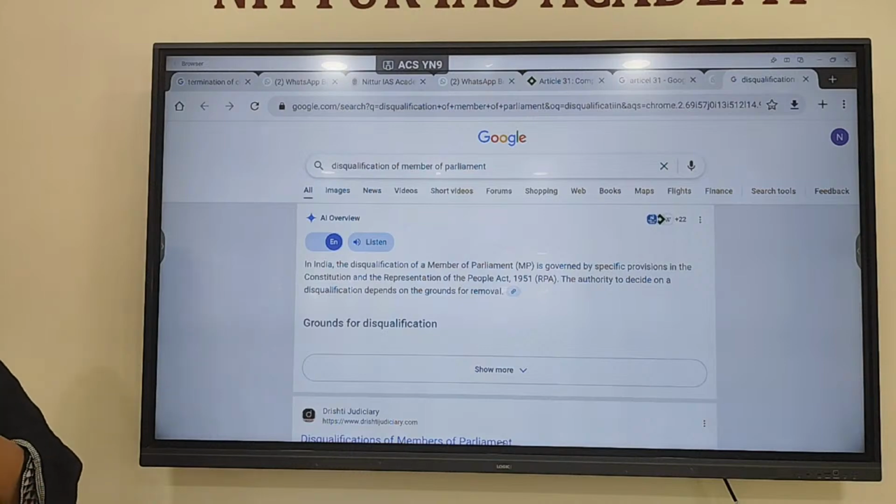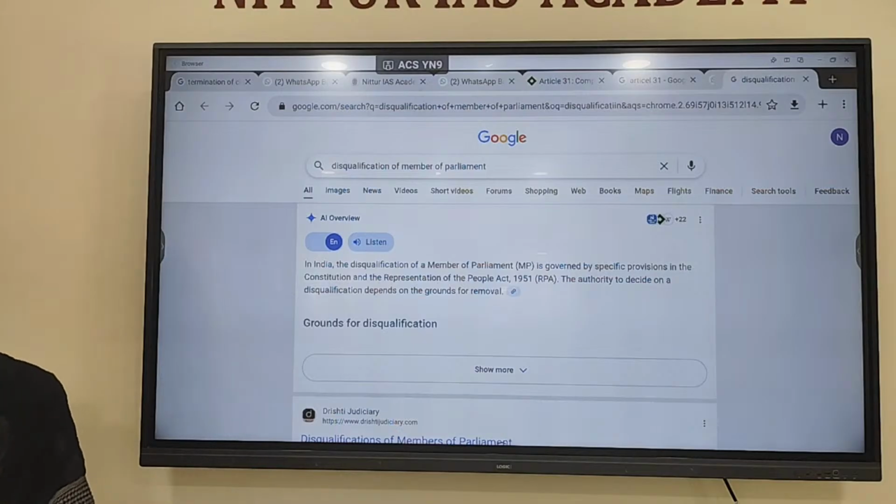Office of profit means if the MP, MLA, MLC or anybody, if they are holding the other office, that is called as office of profit. It might be a corporate office or else it might be other government office as well. ಇಲ್ಲಿ MP ನೂ ಆಗೋದಂತೆ, ಇಲ್ಲಿ MLA ನೂ ಆಗೋದಂತೆ. That can't be done.